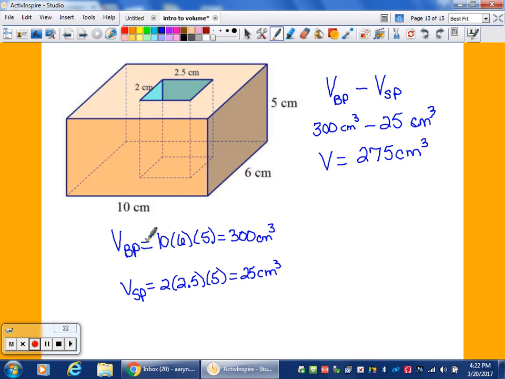The volume of the big prism is just base times height, so 10 times 6 times 5, which gives me 300. Then find the volume of the small prism, 2 times 2.5 times 5 is 25. Subtract the two, and I get that the total volume is 275 centimeters cubed.